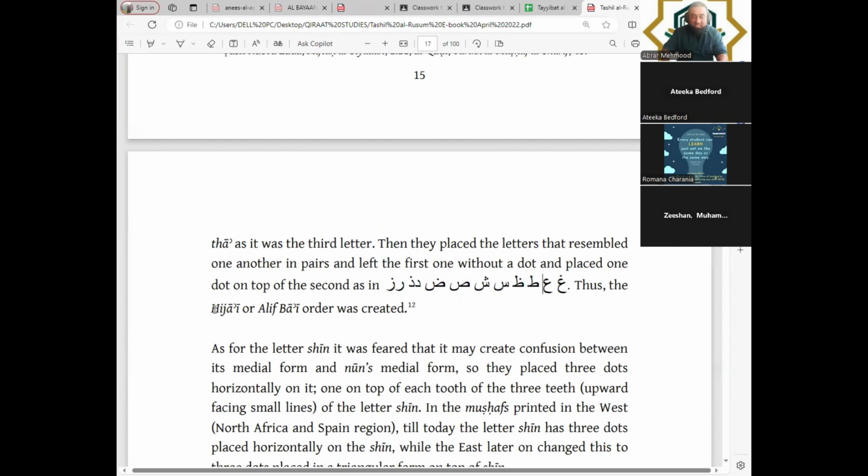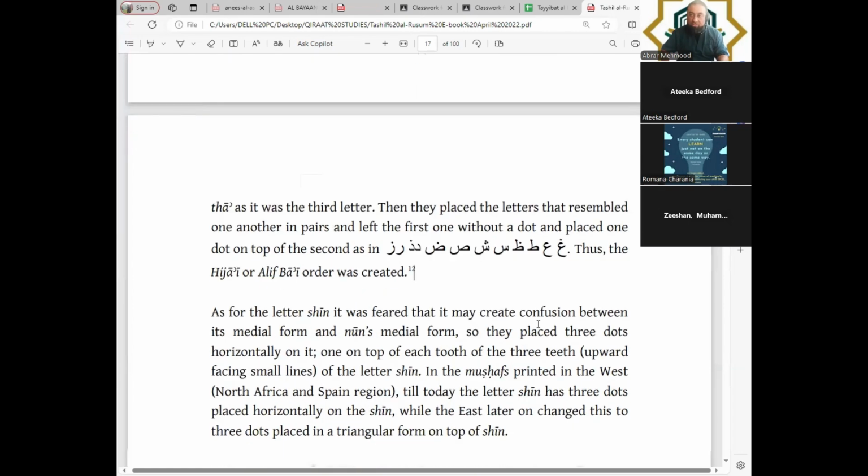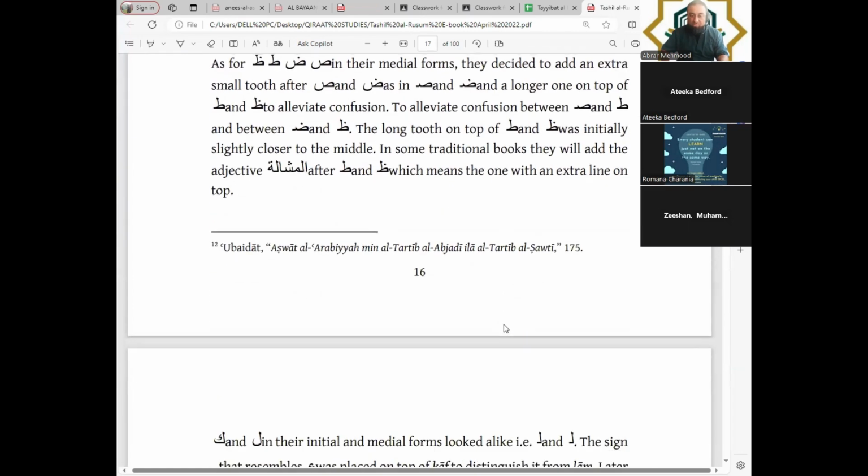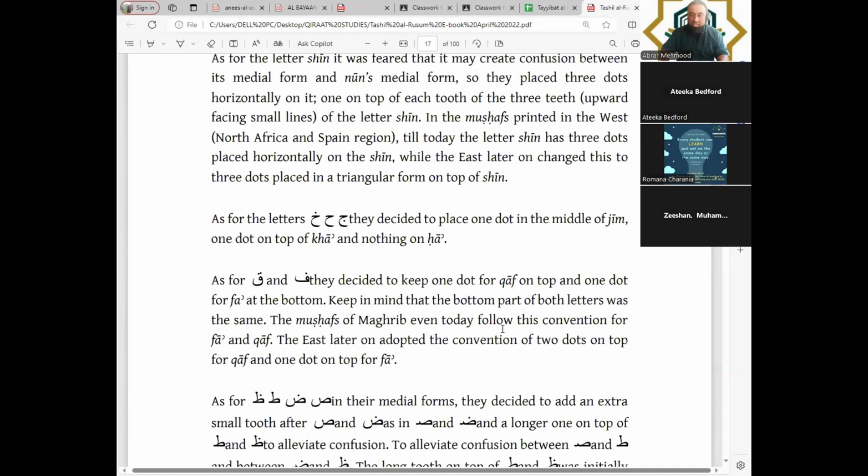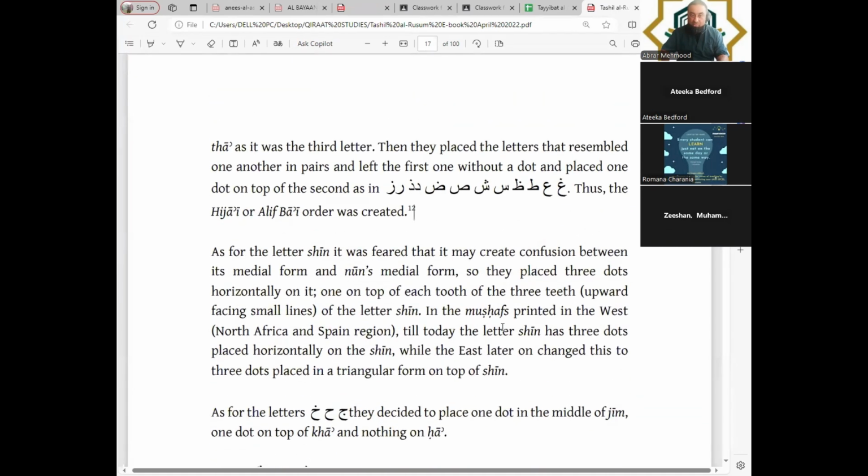So again, this is something to keep a note of, Hijai order or Alif Bai order. So Alif to Ya, as we see it today, in context, is known as Alif Bai order or Hijai order. Okay, we'll come across some other names as well, but please do keep that in mind. Very important point, because we're going to come across other different orders as well.